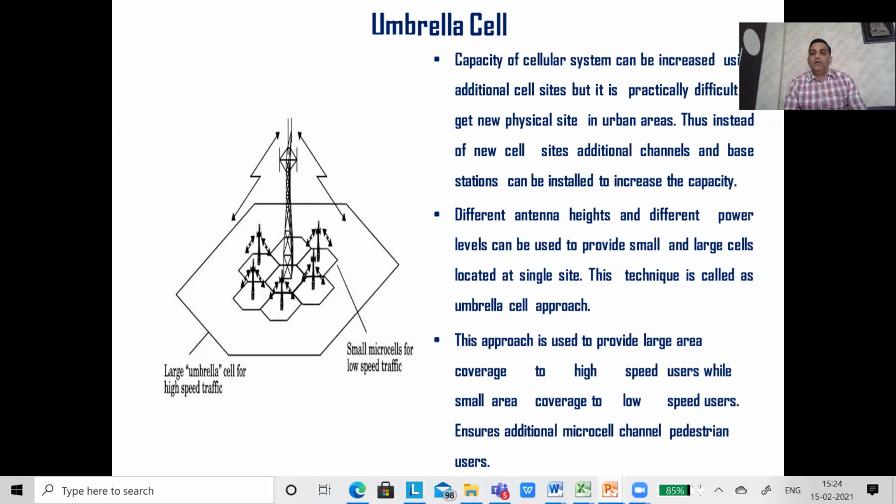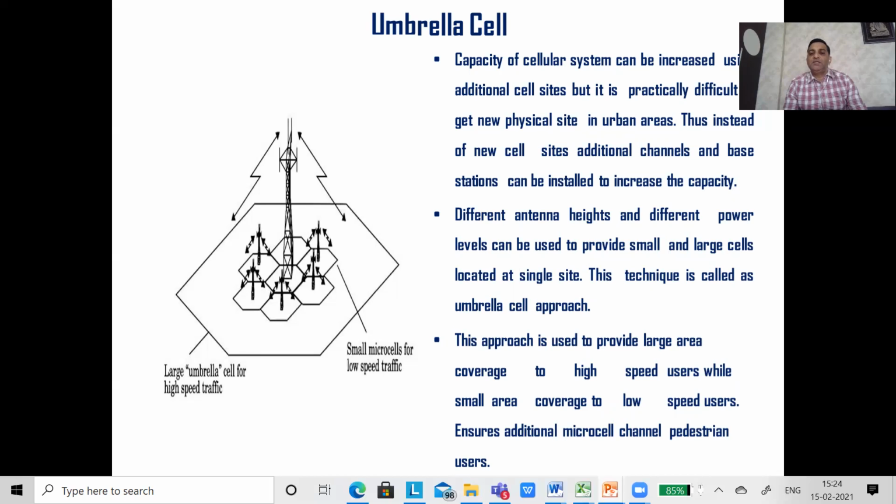So, to increase the capacity of a cellular system, instead of adding different cell sites, we can increase the number of channels and base stations.